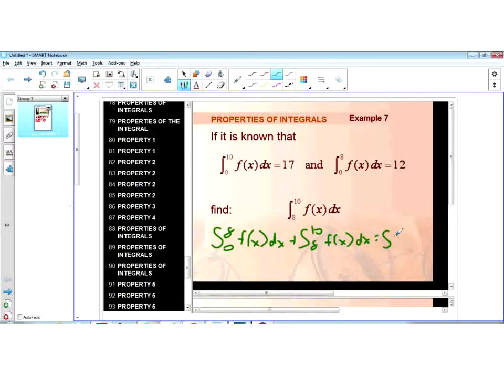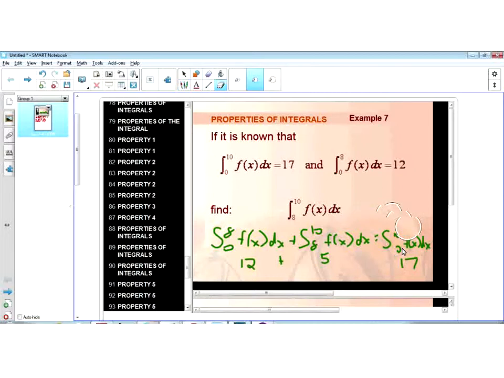is equal to the definite integral from 0 to 10 of f of x dx. And we know that this is 17, and we know that this is 12. So this would have to be 5. So that equals 5, like so.